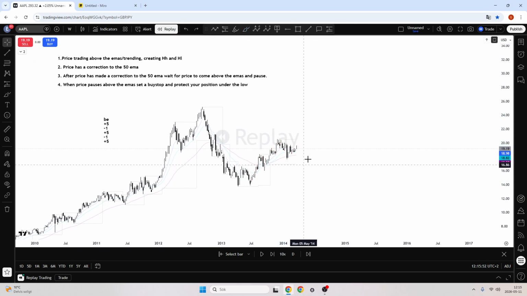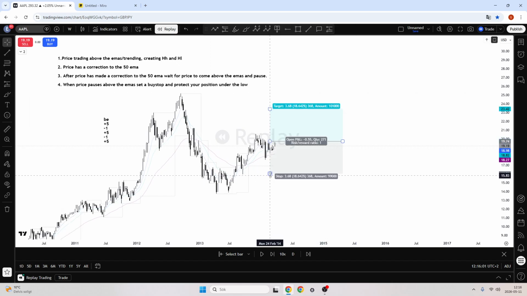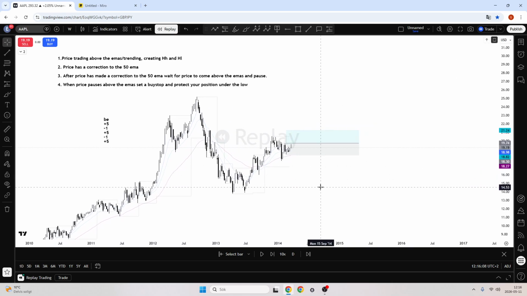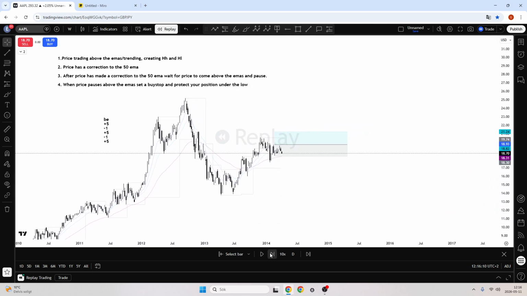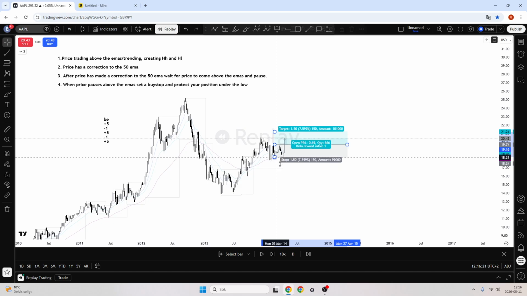So what I will do right here, because price has flushed down to the 50 MA and we're actually pausing right here now, is throw a buy stop right there and protect under this low. Wait for my 1-to-1, and wait to get tapped in. So I would throw my stop loss at this point right here, and we would simply get tapped in.